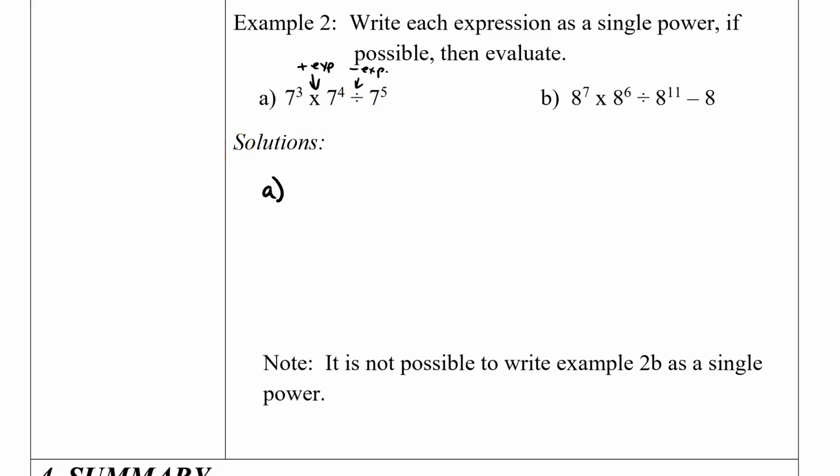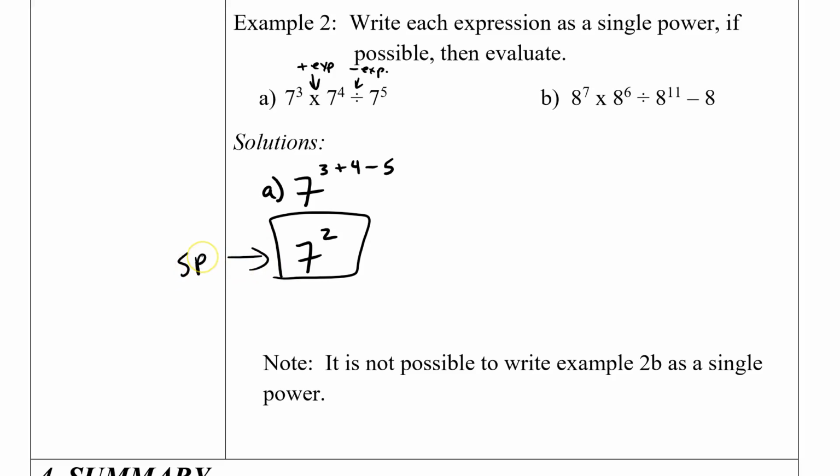They're all 7. So we can use our exponent laws. So 7 to the power 3 plus 4 minus 5, which is 7 to the power of 7 minus 5, which is 2. So this one right here is the single power. And if we wanted to have the evaluated version, it would be 49.